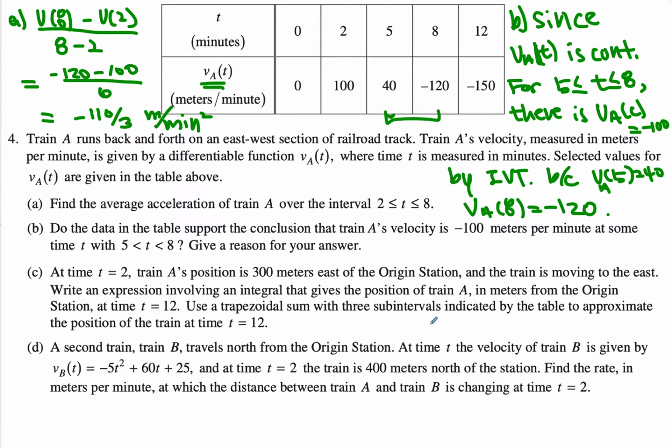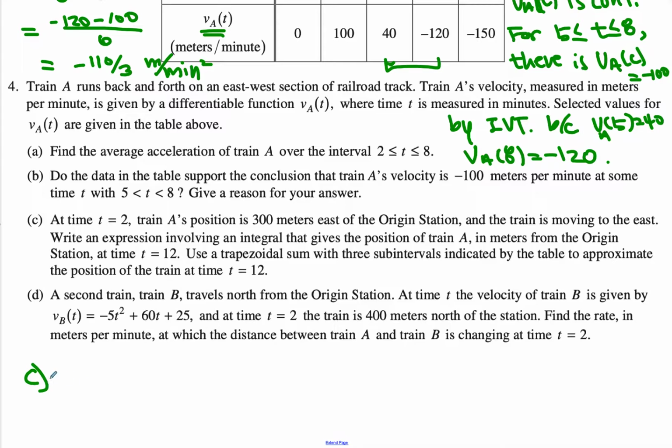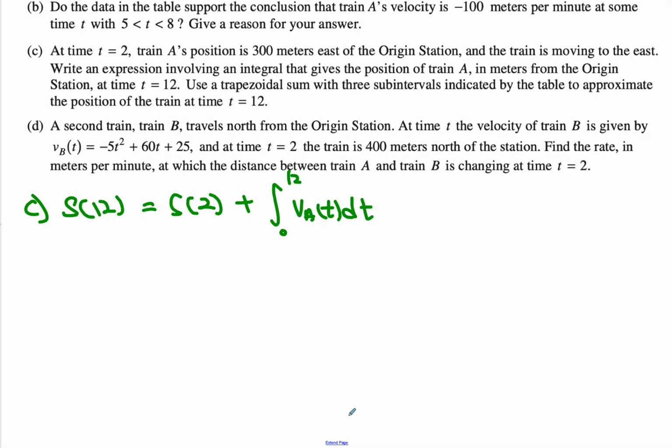So for part C, the position S of 12 can be found by S of 2, which was 300, plus the integral from 2 to 12 of v sub A of t dt. That would be the expression.